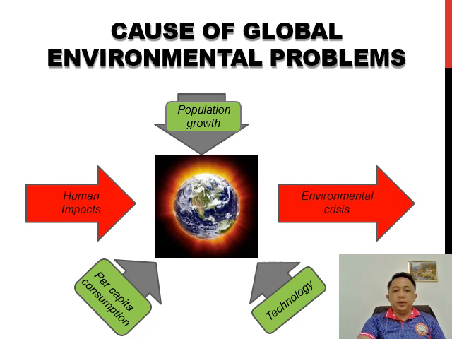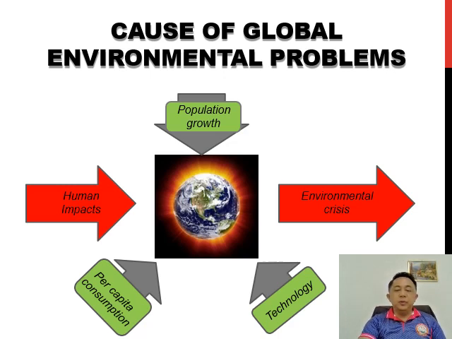If we look at the different causes of global environmental problems, we can observe on the illustration being presented that some of the causes are population growth, per capita consumption, and technology. If there is an increase in population growth, there will also be an increase in the utilization of resources.